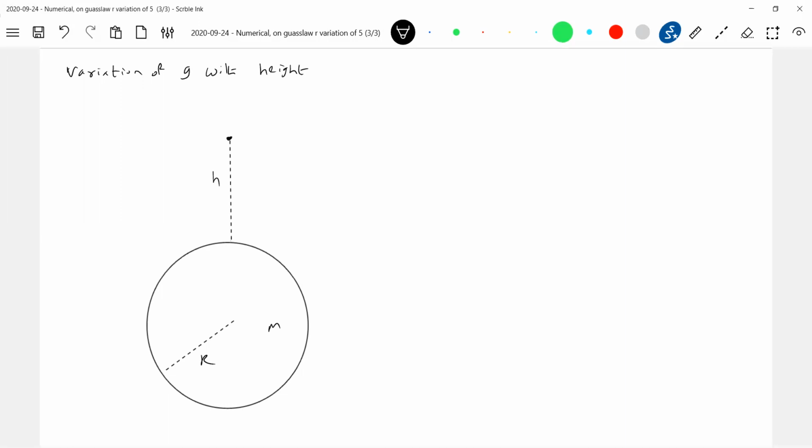We know on the surface how much it is equal to: g. At height, how much will it be? So g dash is equal to, on the surface of the earth, GM by R square, where M is the mass of the planet. Then at a height h, g dash is equal to GM by (R plus h) whole square.